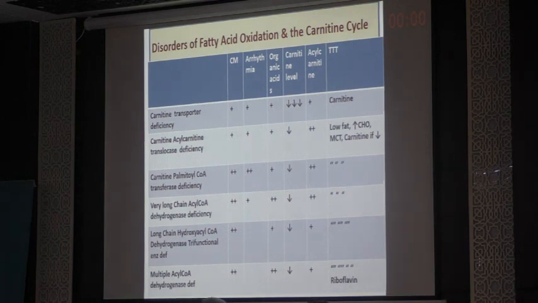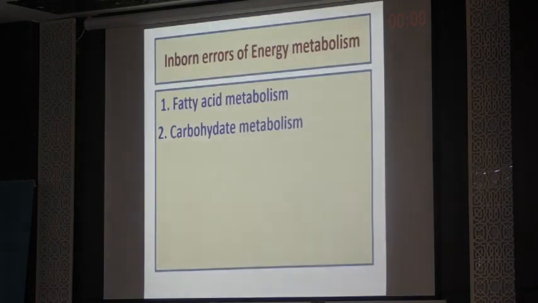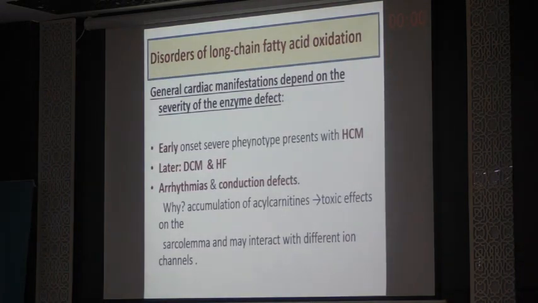So I have to look at this abnormality in these patients and never ignore important areas of energy metabolism in early life in patients with arrhythmias, because with early onset of these abnormalities of long-chain fatty acid oxidation, they present early with hypertrophic cardiomyopathy.